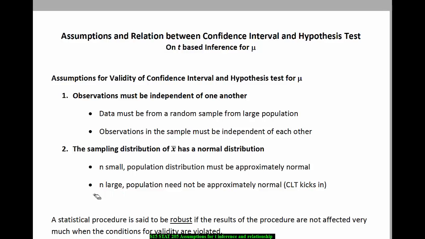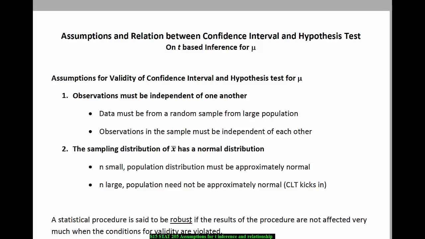Now, we've brought this up several times, and at this point we need to talk about how small is small and how large is large. How big of a sample size do we need in order for that central limit theorem to kick in? We're going to talk about that in a second, but first we're going to define the word robust.